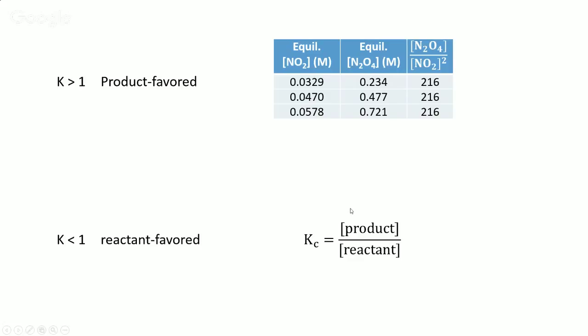And that comes into play when we do other stuff later on in the semester. But one other thing to mention just in general, and this is what I meant to say a minute ago, going back to this generic equation and the equilibrium constant, that ratio, there it is.